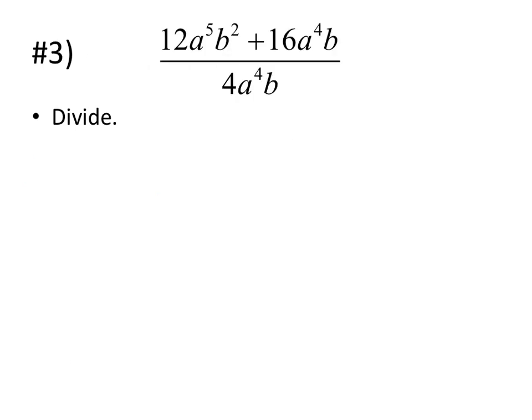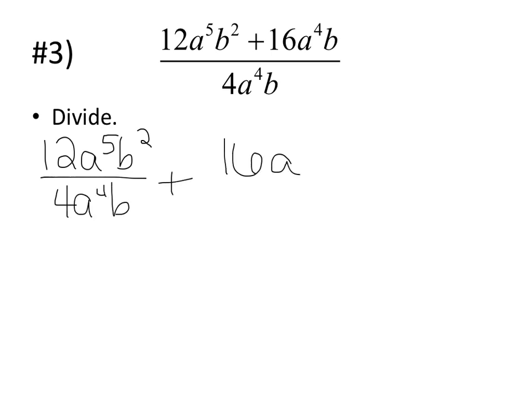So then you end up with 2a plus 4. Okay, same situation here. We're just going to break each piece up. So I have 12a to the 5th b squared over 4a to the 4th b plus 16a to the 4th b over 4a to the 4th b. So let's see what reduces. 12 over 4 reduces to 3. 4a's down here reduces to 1a up there.